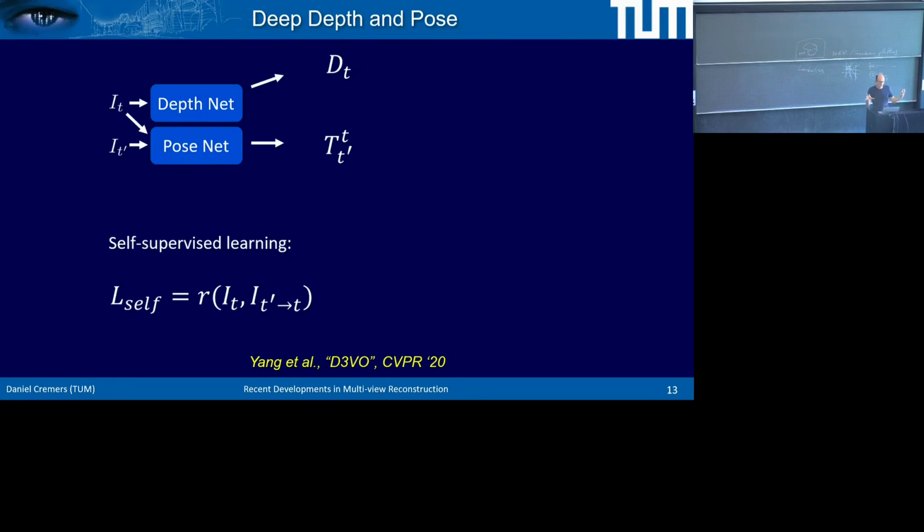So that is basically saying the colors of these images should coincide. Once I project into the world and back out into the other camera, I can measure the color discrepancy or brightness discrepancy, and this is the residual I use to train these networks.